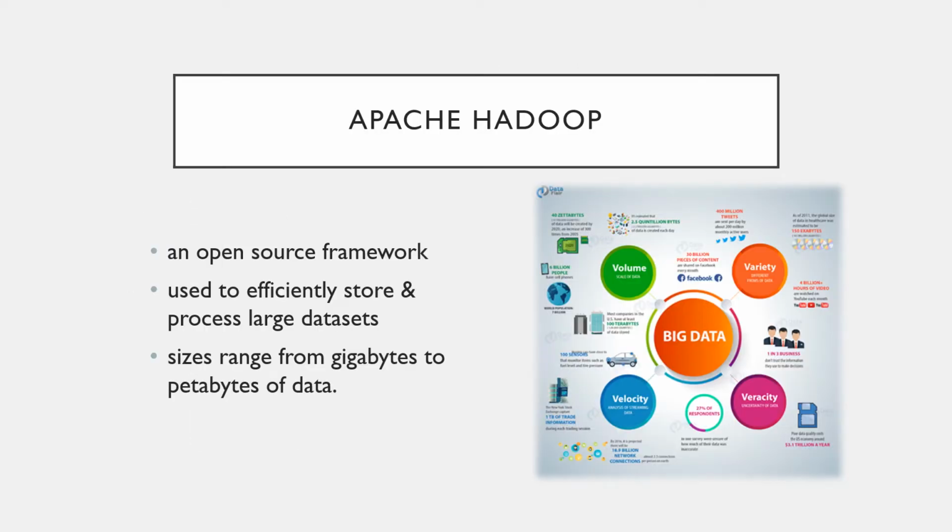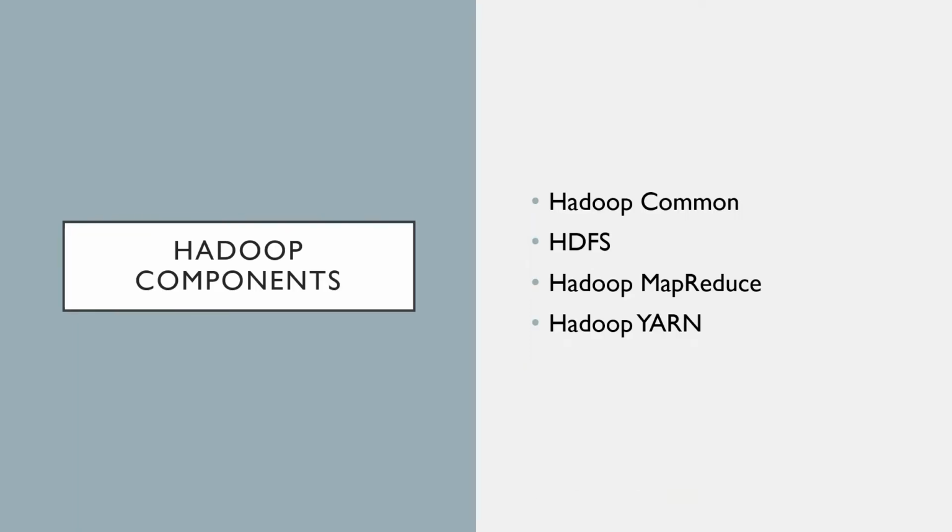Apache Hadoop, developed by Yahoo and then acquired as an open source framework by Apache, is used for storing and processing big data. It has four components: Hadoop Common, Hadoop Distributed File System, Hadoop MapReduce, and Hadoop Yarn. Hadoop Common contains libraries and utilities required by all other Hadoop modules.